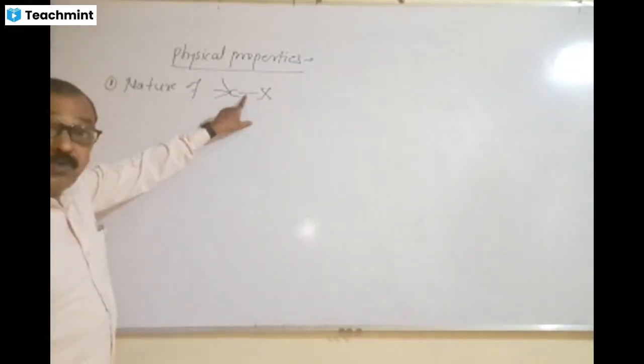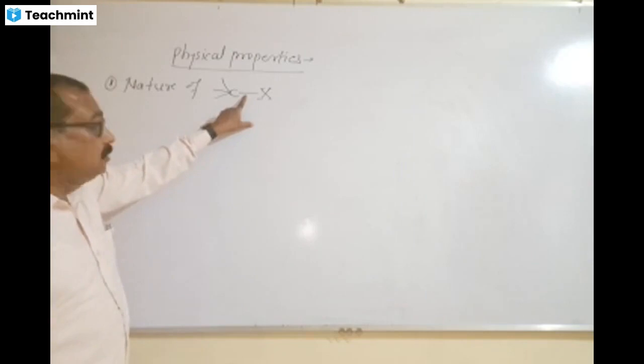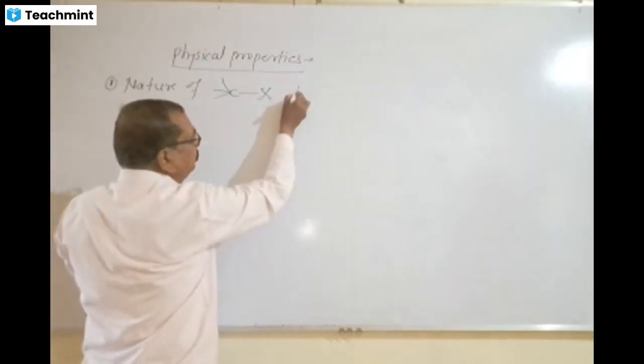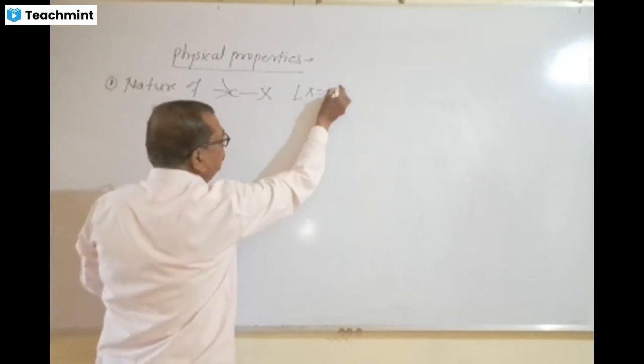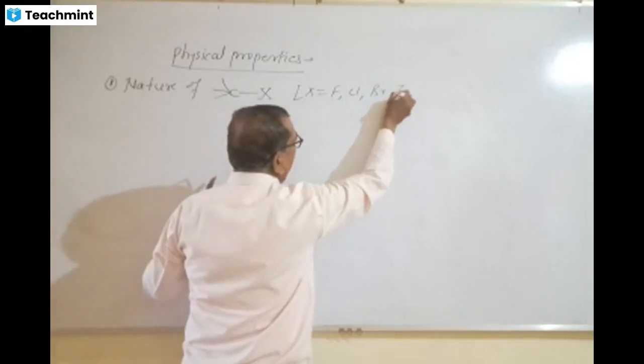This bond is a covalent bond, formed by sharing of electrons between carbon and halogen atom. Here X stands for halogen atoms, that is, chlorine, fluorine, bromine or iodine.